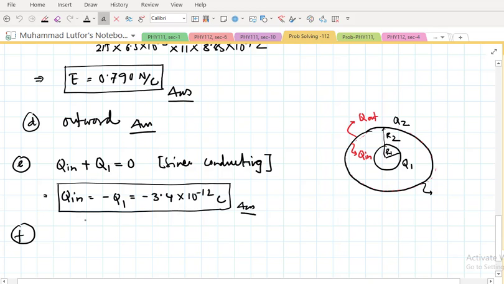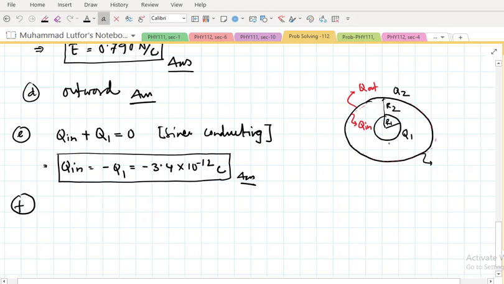For the outer surface, we know that when you choose the Gaussian surface at the boundary of the outer surface of that shell, then the enclosed charge would be Q outer plus Q inner, which would be basically the total charge of that conducting shell, Q2.